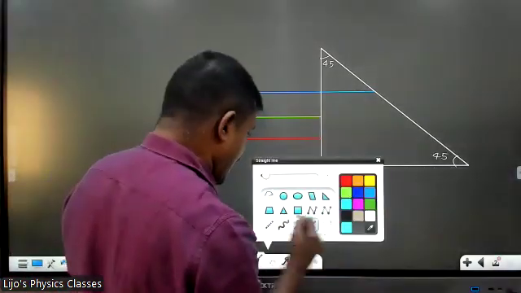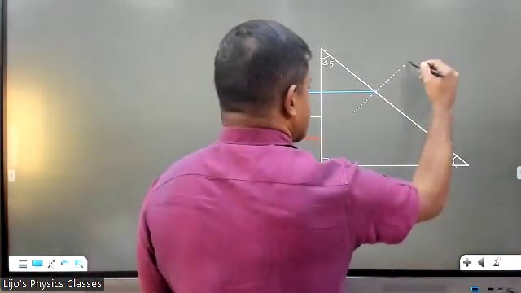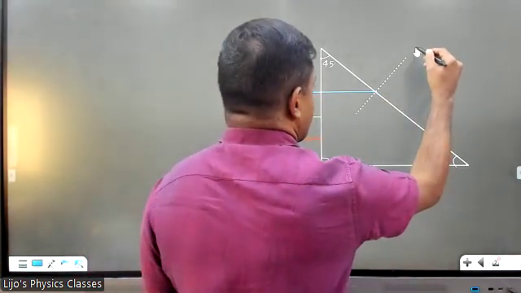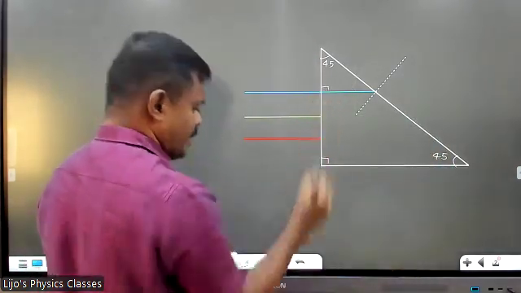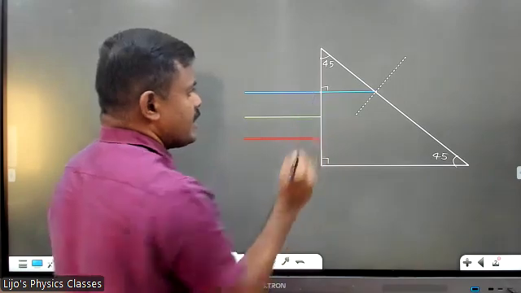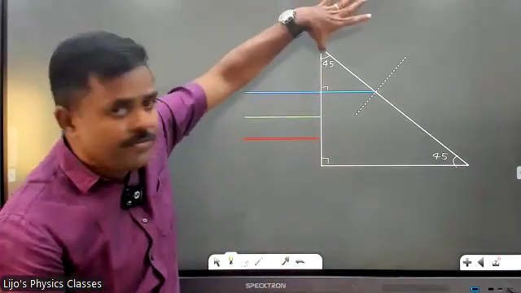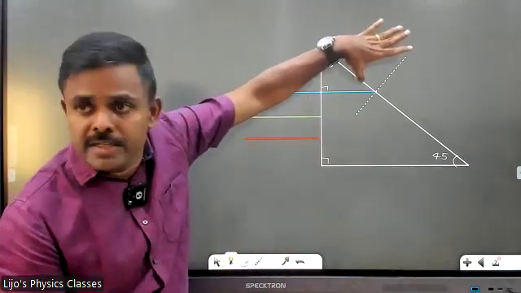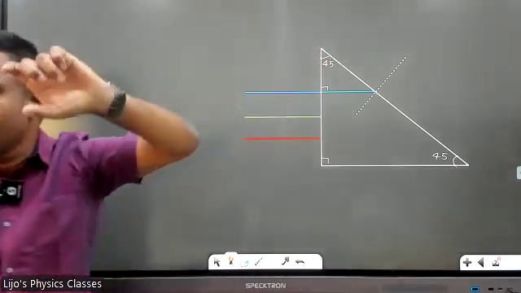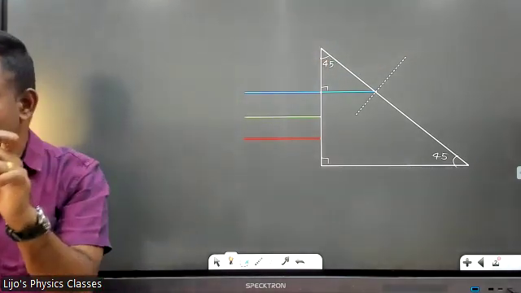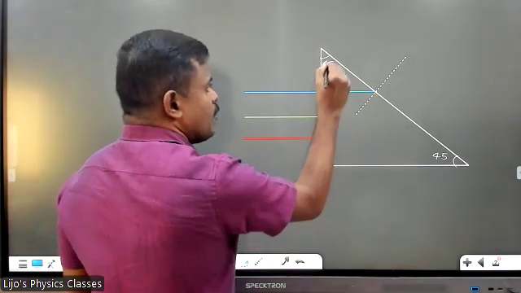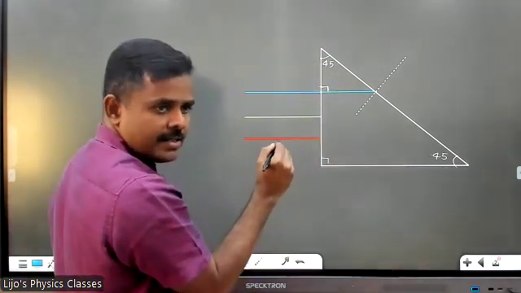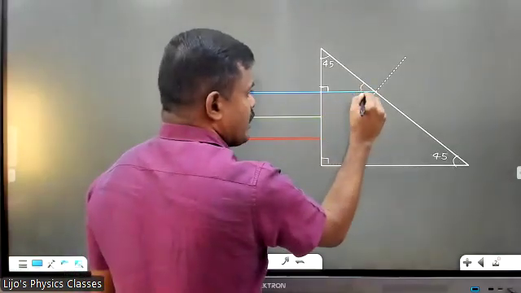So I'm going to draw the angle here. Angle of incidence. Can you tell me the angle of incidence? See the angle. This is 90 degrees, then this is 45, and this is also 45, because inside a triangle, the sum of angles must be 180. 90 plus 45 is 135, and 135 plus what is 180?